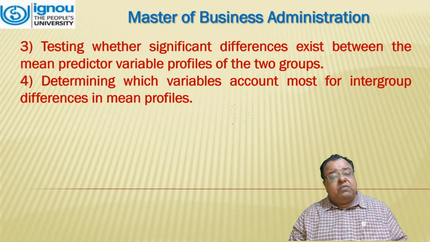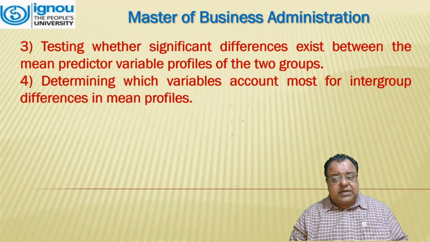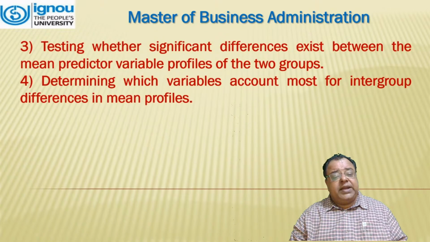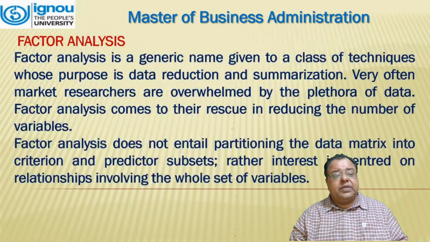Thirdly, testing whether a significant difference exists between the mean predictor variable profiles of the two groups. And fourthly, determining which variables account most for intergroup differences in mean profiles.